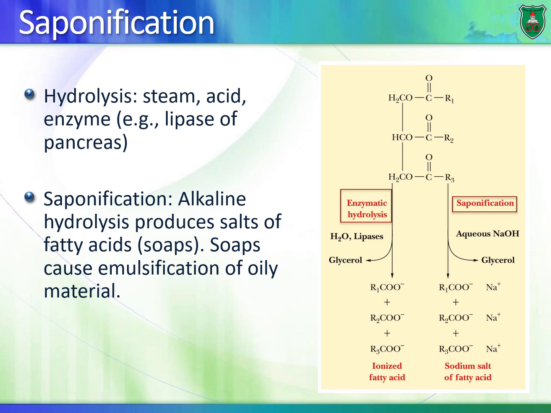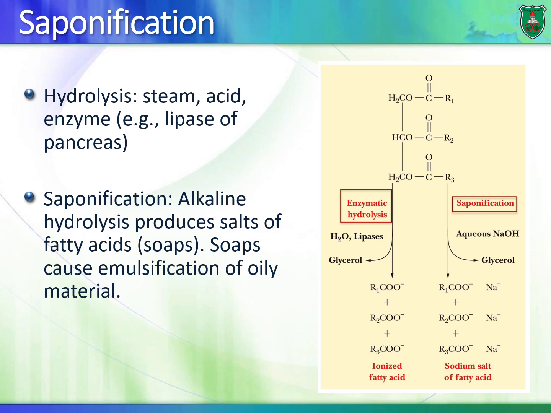Now, the idea of triacylglycerols is that we can use them for the production of soap, or sabun, and this is the process known as saponification, the formation of soap.